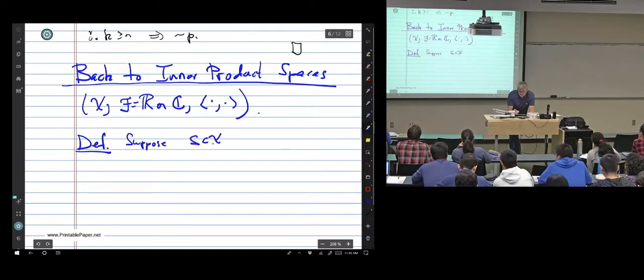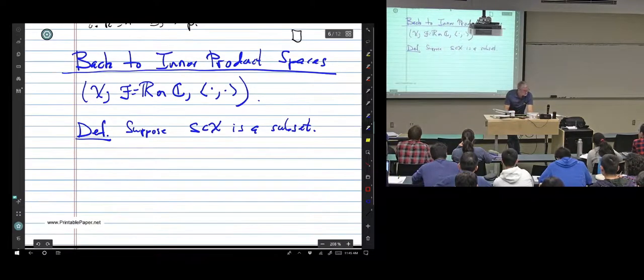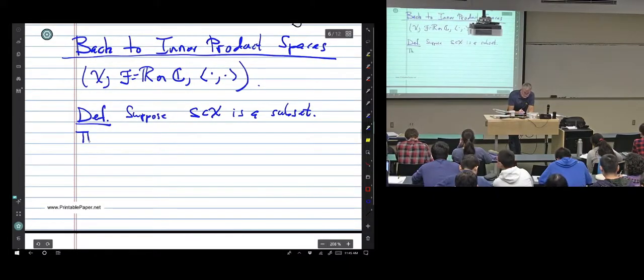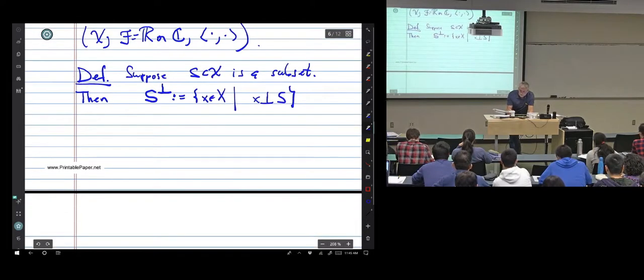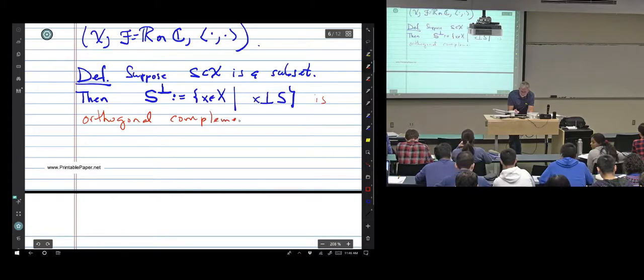Suppose S contained in X is a subset. Then S perp is what it's called: the set of all points x in X such that x is orthogonal to S. This is called the orthogonal complement of S.